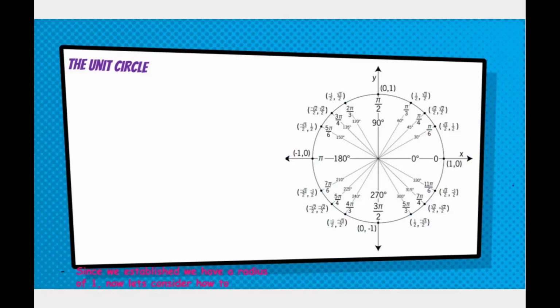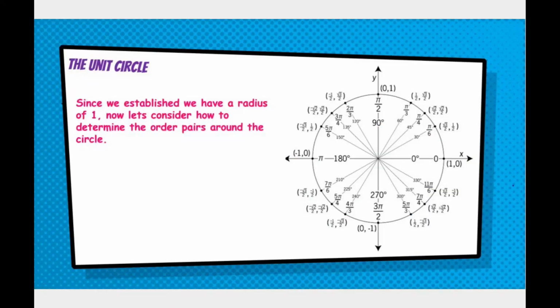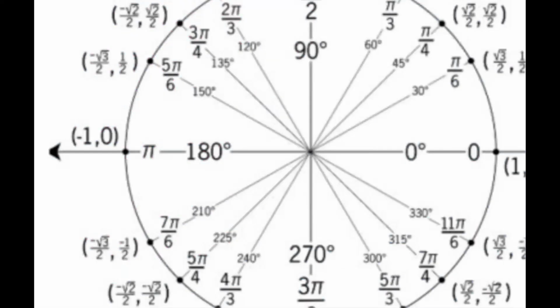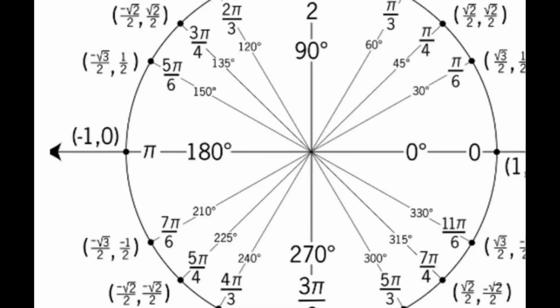So consider the following. Let's take a look at this. I've dropped from that point a perpendicular line to the x-axis, making this reference triangle. I just picked this one in quadrant 1. That happens to be at the 45-degree angle from the x-axis.